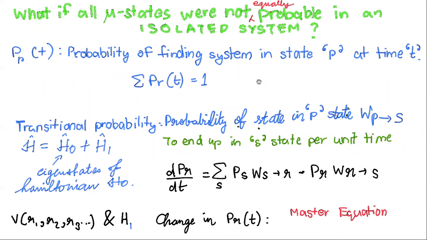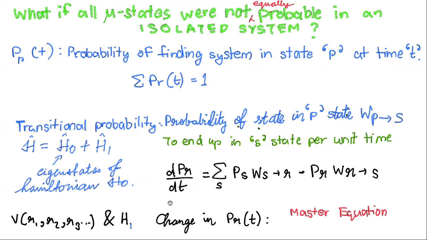If a system is in equilibrium, all the probabilities are equal and they're not changing, right? So basically dP_R/dt equal to 0, all the W_SR equal to W_RS, and all the probabilities of all the quantum states or microstates are the same. So each of these terms within the summation has to be individually equal to 0, and that's equilibrium.